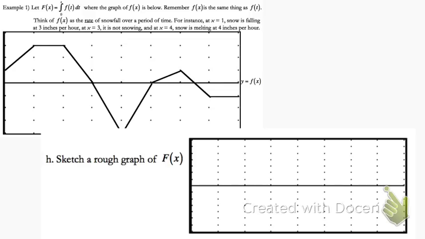In part A, we said that our points were at (0, 0), (1, 2.5), (2, 5), (3, 6.5), (4, 4.5), (4.5, 5), (5, 2.5), (6, 3), (7, 3.25), (7, 3), and (8, 2).